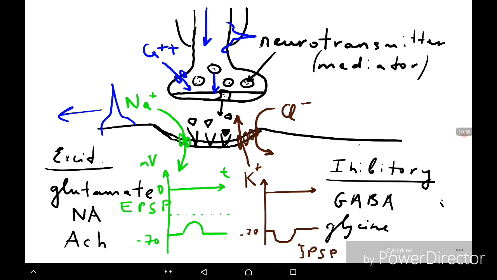We know that during hyperpolarization, the excitability of the cell decreases. We have subnormal excitability. That's why the postsynaptic membrane and postsynaptic cell excites not so easily. The excitability decreases, so we have an inhibitory effect.